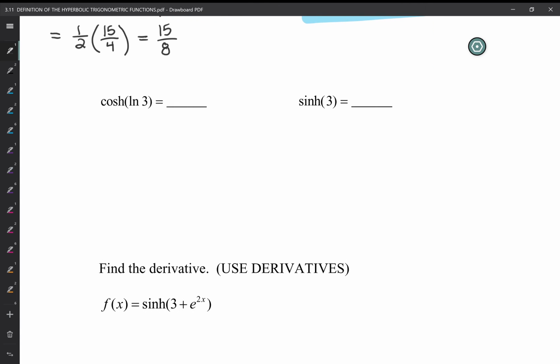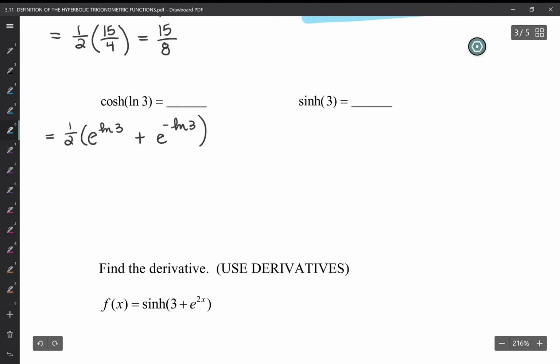For these last two, we have the hyperbolic cosine of the natural log of 3, which will be equal to 1/2 times e to the natural log of 3 plus e to the negative natural log of 3, where that e to the negative natural log of 3 is equal to e to the natural log of 1/3.